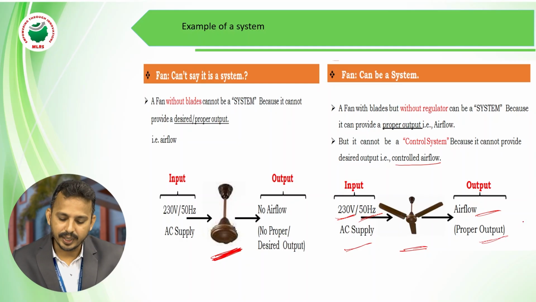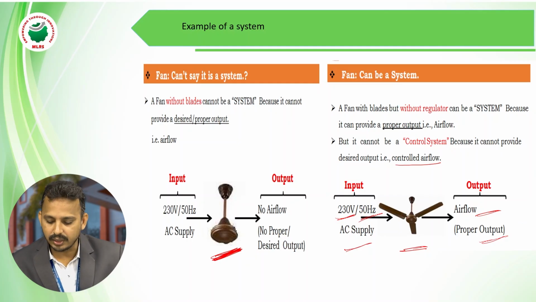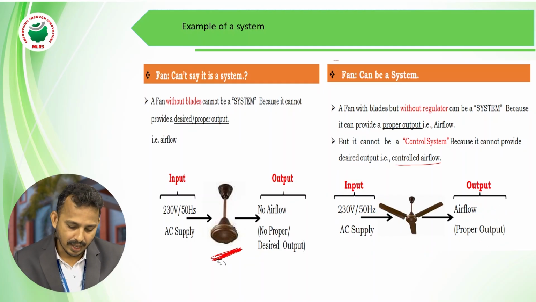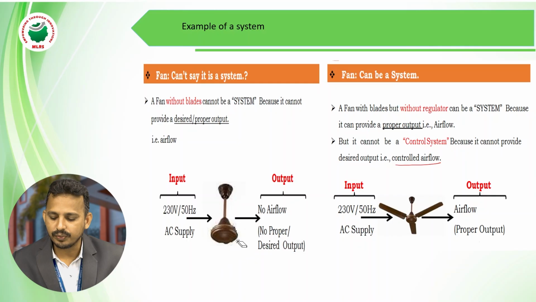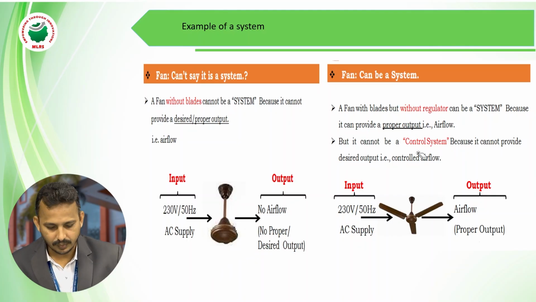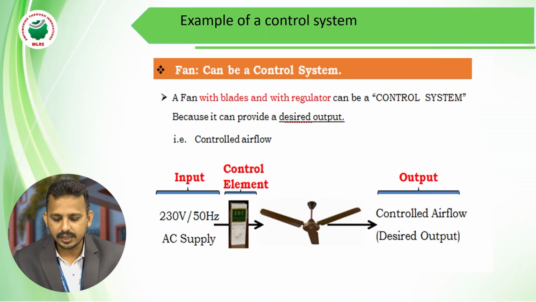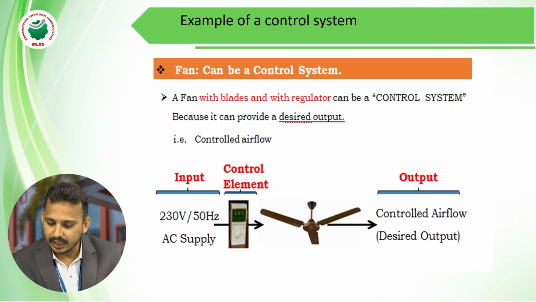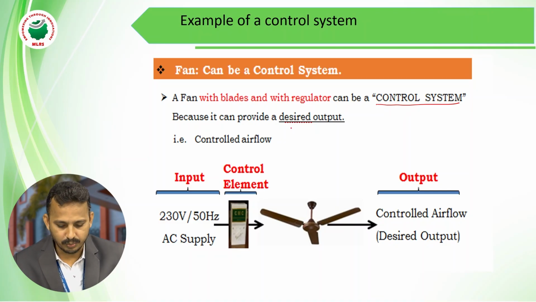If I connect the regulator to the fan, it will be controlled. If I don't connect the regulator to the fan, it is an uncontrolled flow of air. So for control action, the fan with blades and with a regulator can be a control system because it can provide a desired output, that is a controlled airflow.